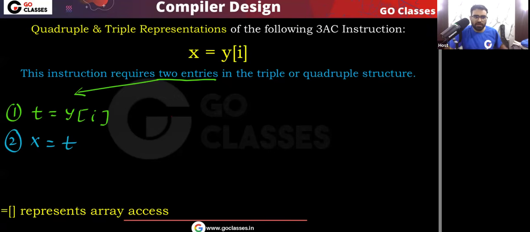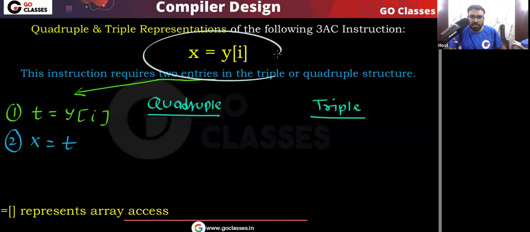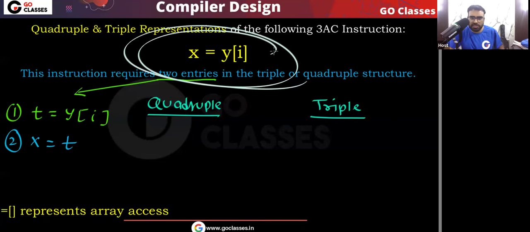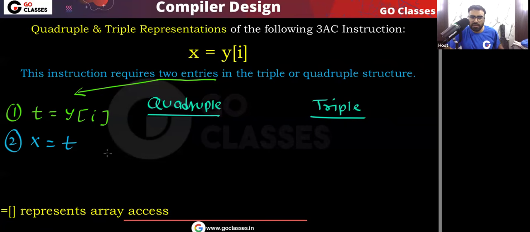Now let's see what the quadruple and triple representations will be. First the quadruple representation, and then we will also see the triple representation. Both are very easy. But remember, if you want to store this three address instruction in quadruple and triple representation, we need two entries: first t equal to yi in a temporary variable, and then x equal to t.